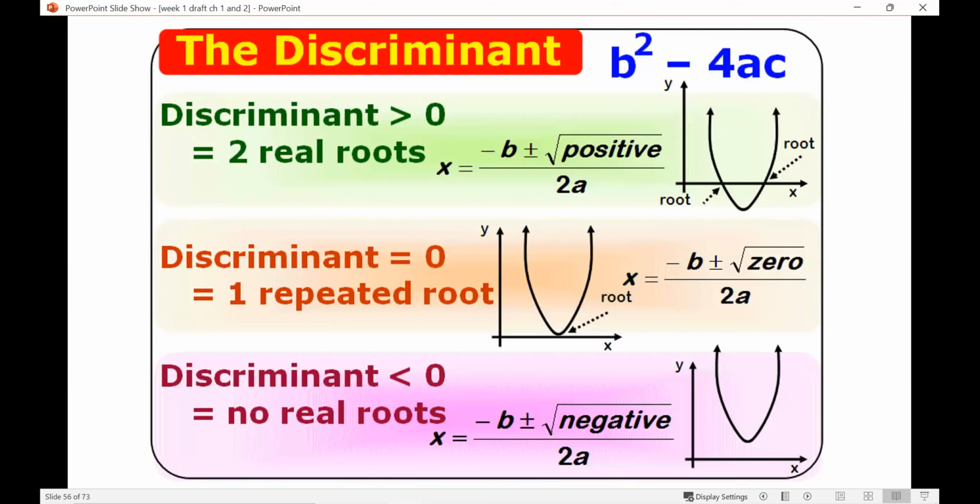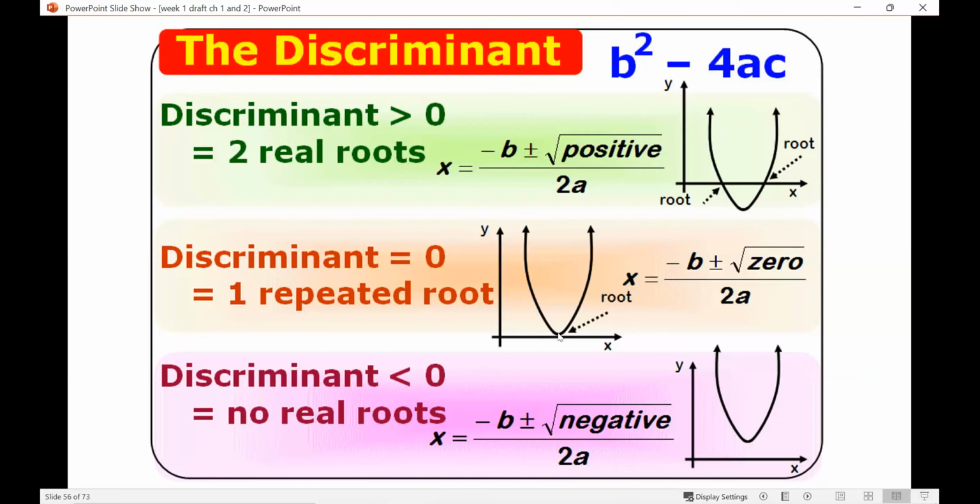Basically, if the discriminant is a positive number, we're going to have two real roots, two solutions. This corresponds to when the quadratic equation is in two variables, and our parabola crosses the x-axis twice. If the discriminant is 0, we only have one root, because we're going to plus or minus 0.